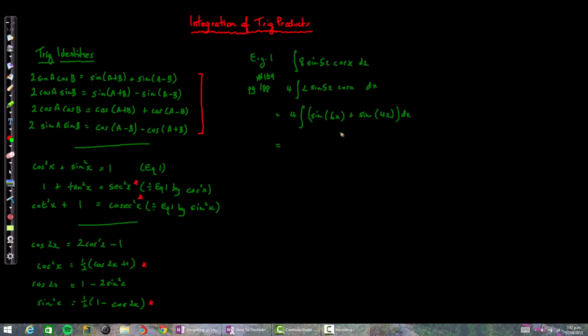And since it's now a sum of 2 sine functions, we can simply integrate each sine function in turn. But of course we've got a 4 out the front, so let's do our integration and let's make sure that we have that 4 out the front. So I tend to put the 4 there, then a big square bracket.